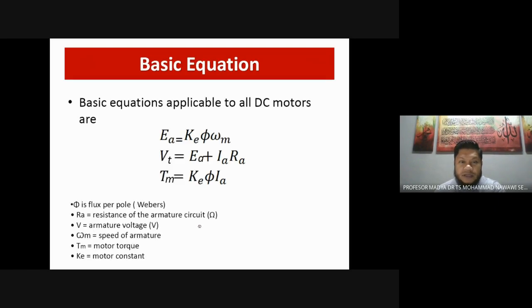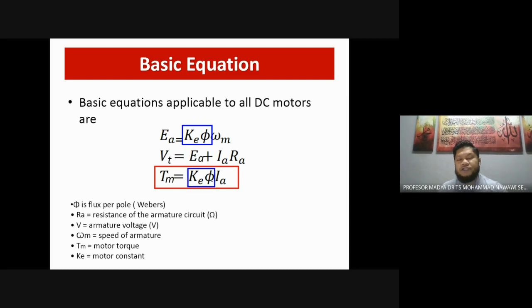Next. So the basic equation applicable to all DC motors is EA equals Ke flux omega m. And we also have an extra equation here now. The torque of the motor equals Ke flux Ia. They have the same parameters.